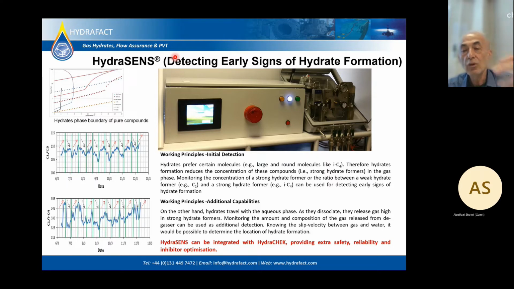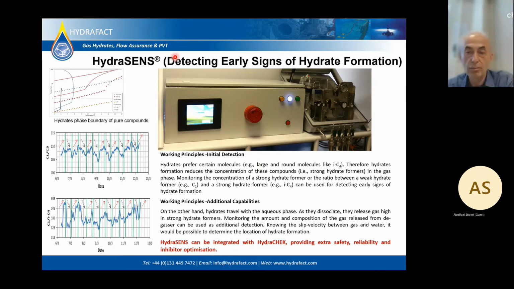So we can use this to design how we are going to get rid of hydrate. If hydrate formation is close to the point that we can inject inhibitor, we can inject inhibitor. If it is too far from injection of inhibitor, we might decide to reduce the pipeline pressure.